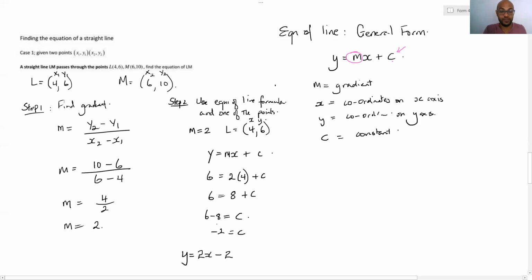So it may be positive, it may be negative, right? And this is how we're going to find the equation of a line. This is the equation of the line LM: y is equal to 2x minus 2. All right? You okay with that?